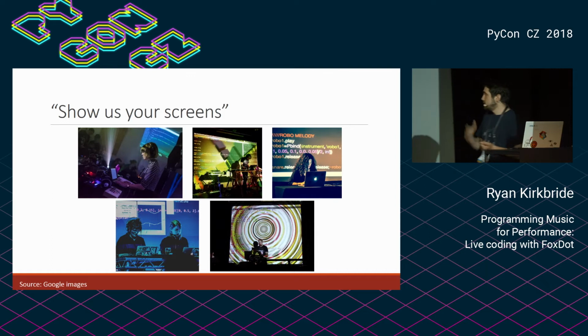So here are some images of people live coding. And as you can see, behind them all, you can see the screen being projected, and that's a really big part of the practice. There's a manifesto that the Toplap website came up with when coming up with the idea of what live coding should be, and a big part of it is "show us your screens."